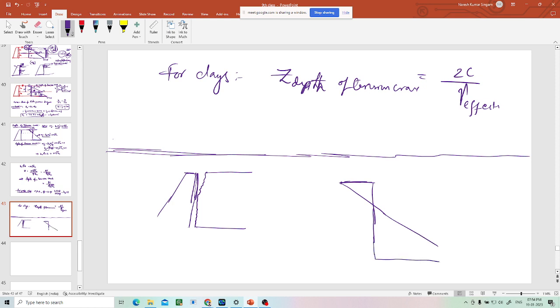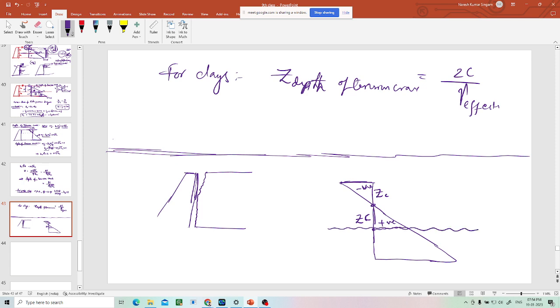Suppose the depth of tension crack is, let us say, ZC. Now if I draw another ZC down, this is positive, this is negative. Can somebody tell me what is the net force from the clay towards the wall up to here?